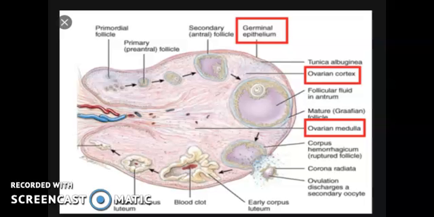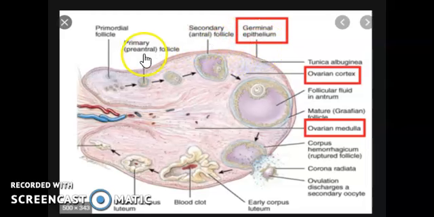These changes in the ovary are cyclic, occurring during each menstrual cycle, and involve maturation of primordial follicles into primary follicles, secondary follicles, and the Graafian follicle.